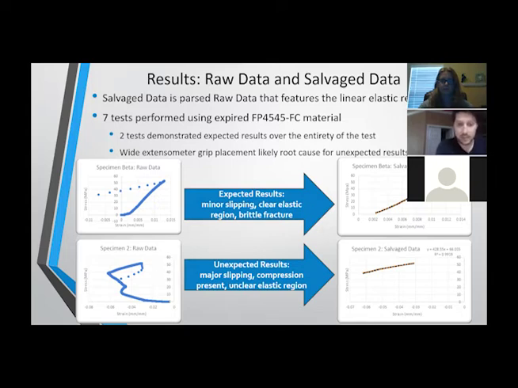Because of that, we had to parse that data into just a salvage data form, the plot on the bottom right that shows the salvageable linear region. For orientation, there is the R squared value as well as the trend line in the top right of each plot.